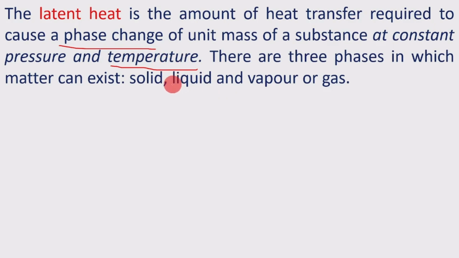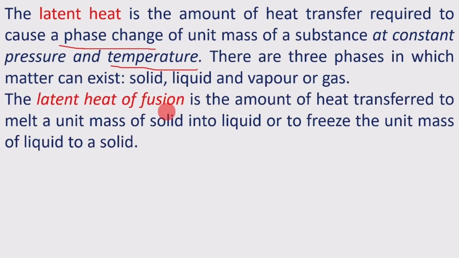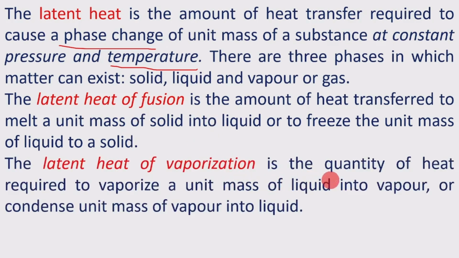Then the latent heat is again classified into three types. One is latent heat of fusion. The heat of fusion is the amount of heat transferred to melt unit mass of solid into liquid or freeze the unit mass of liquid to solid. The amount of heat required to convert the unit mass of a substance from solid to liquid or freeze it from liquid to solid is called the latent heat of fusion. The latent heat of vaporization is the quantity of heat required to vaporize a unit mass of liquid into vapor or condense unit mass of vapor into liquid.